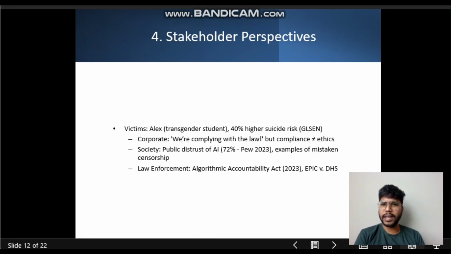I have an example: back in 2022, I think, the ACLU sued a school district in Missouri for blocking LGBTQ+ websites, arguing it violated the students' First Amendment rights. Alex's story exemplifies how automated systems can inflict real, long-lasting harm.